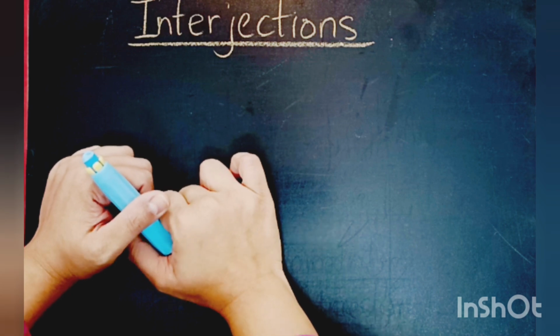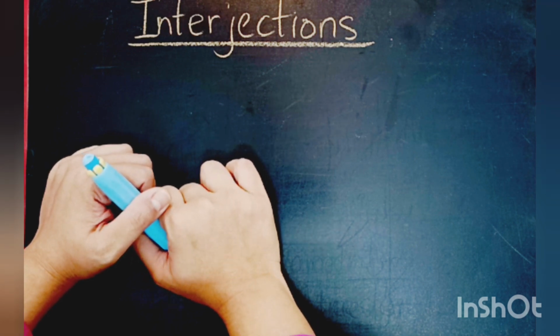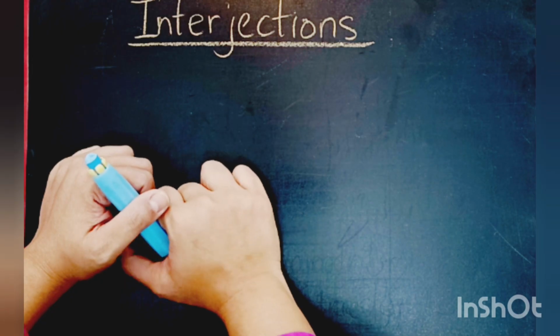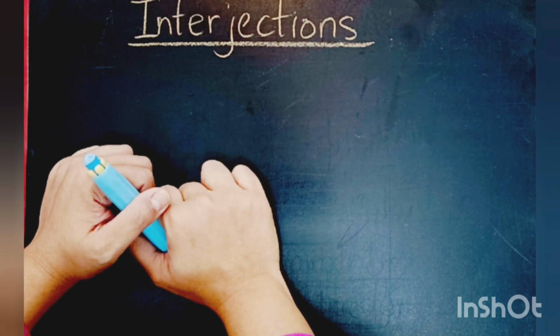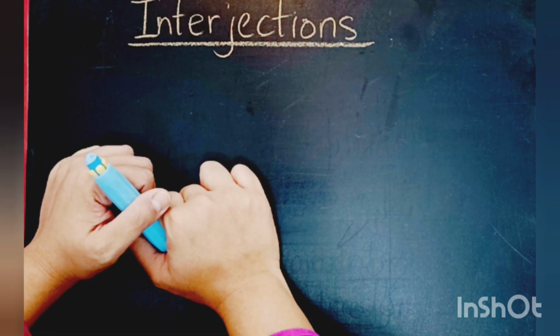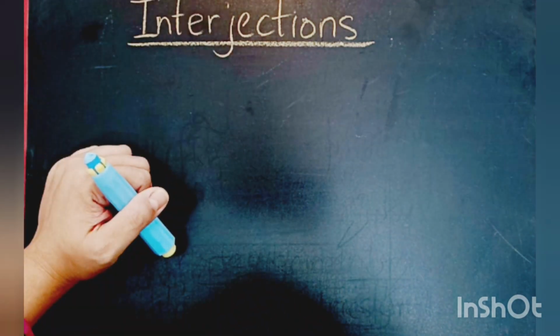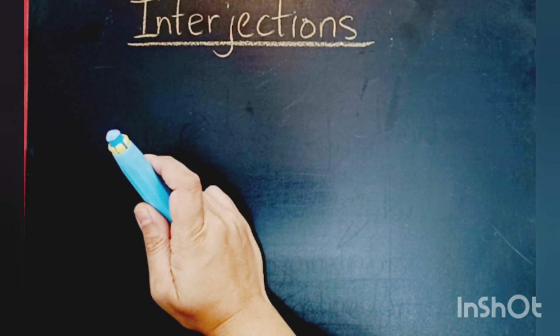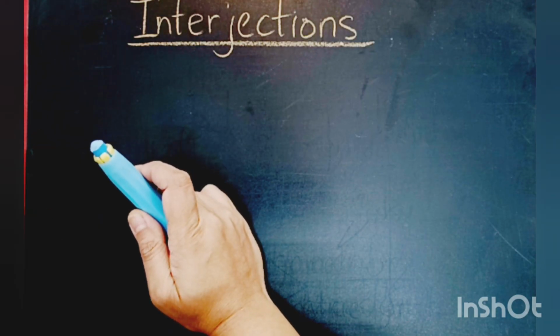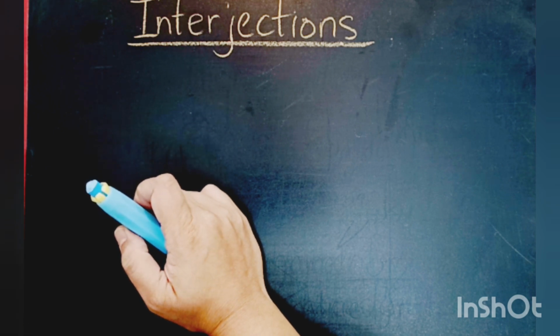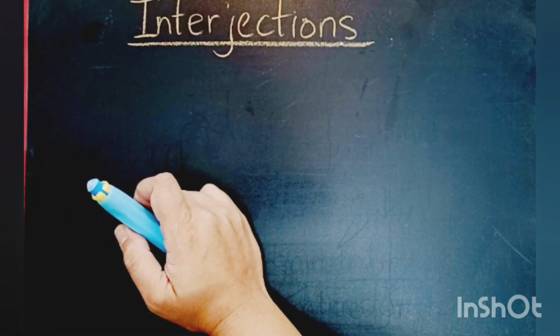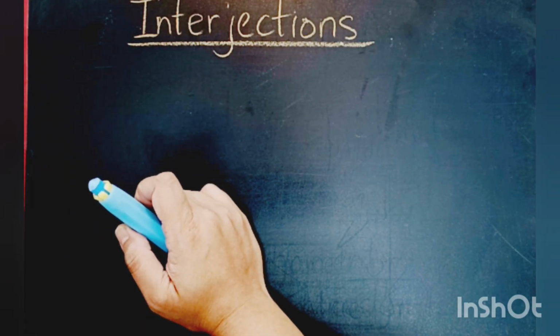Or we can say it another way: an interjection is a short utterance that usually expresses emotions and is capable of standing alone. So these words which we utter very suddenly in surprise, joy, pain, or strong emotions, when we show our strong emotions with a single, very short and meaningless word, it's called an interjection.